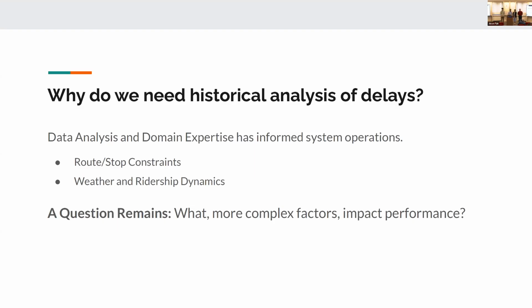Also, the New York City ferry system is highly weather dependent. Ridership peaks in the summertime when a lot of people are going to leisure travel, and the operations team has again noticed that and adjusted the system accordingly. But a question remains of what more complex factors impact system performance. That is where the historical analysis of delays comes into play.